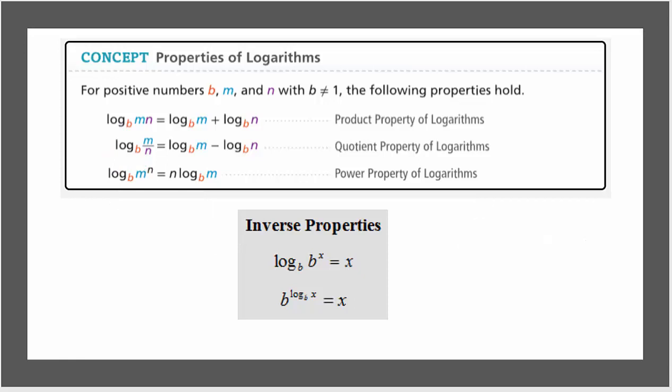I've added two additional properties in here, and that's our inverse properties. We've talked about one of them in a previous video, and that's when we see a base the same as that number that follows it, then they can be simplified and canceled, and what's left over is whatever the exponent is as the solution.